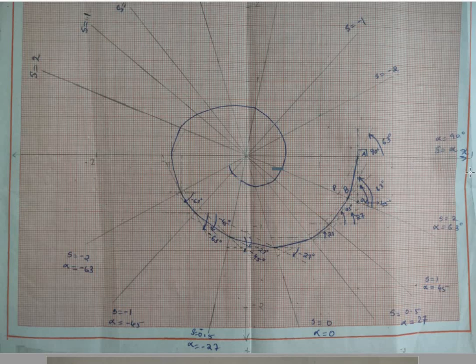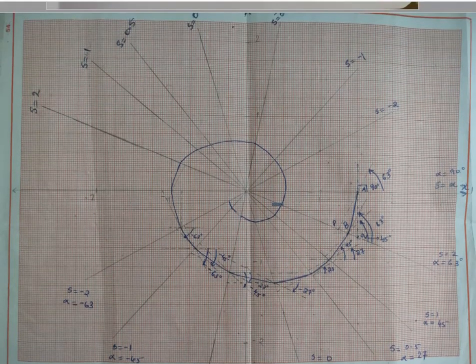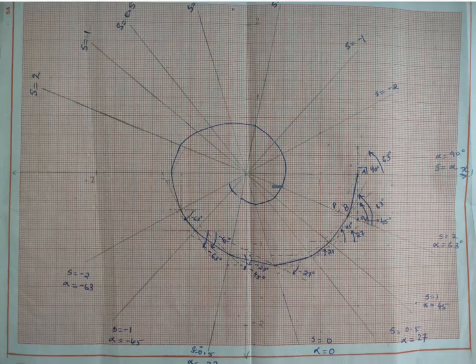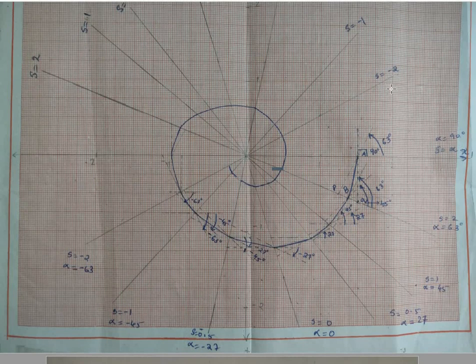So here in this graph you can see I am plotting different isoplanes like this: s is equal to minus 2, s is equal to minus 1, s is equal to 0, s is equal to 0.5, s is equal to 1, s is equal to 2, etc. So how am I plotting this?